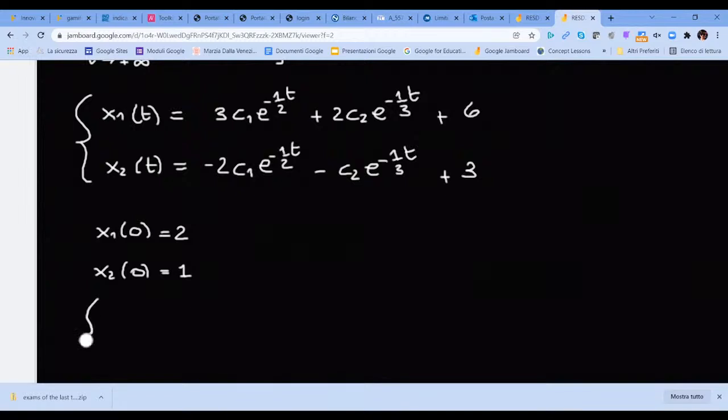So 2 equals 3 times C1 times e to the minus 1/2 times 0, because t is 0, okay? So that means e to the 0 is 1. So we have 3 times C1 plus 2 times C2, the same reason gives us 0 as exponent, and e to the 0 is 1, plus 6.